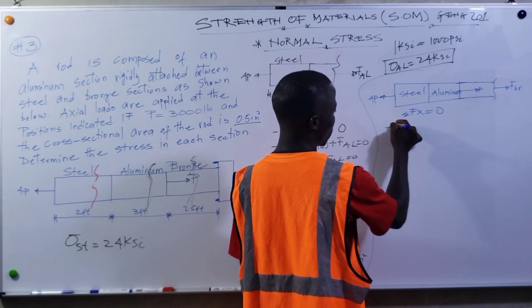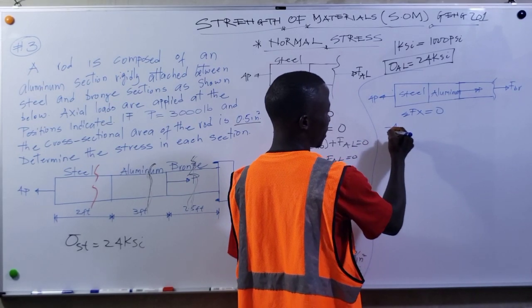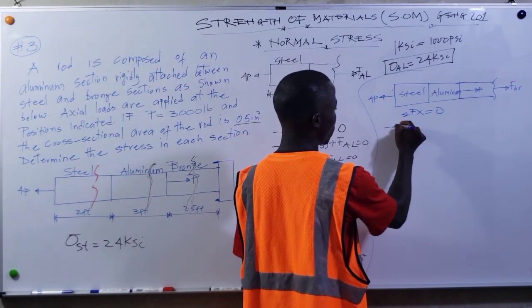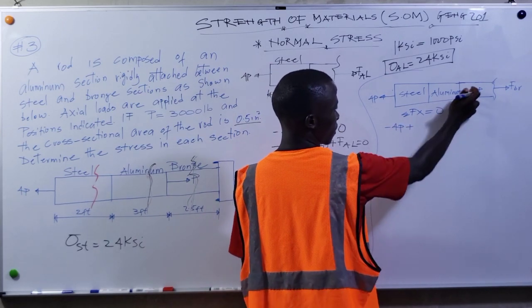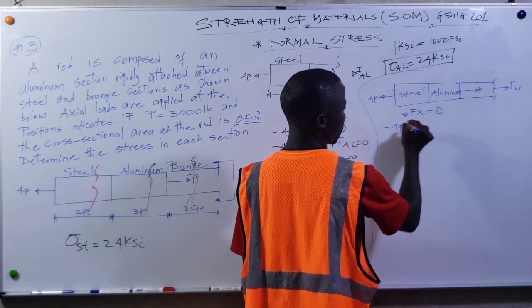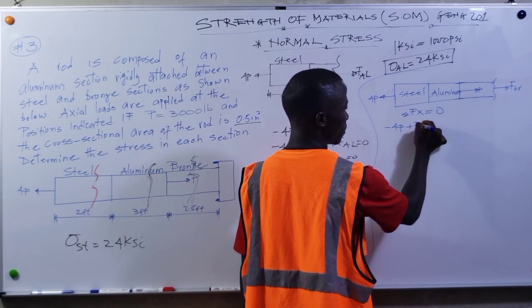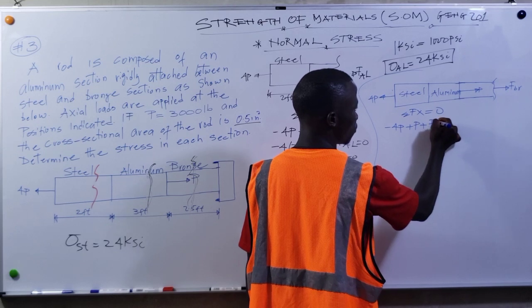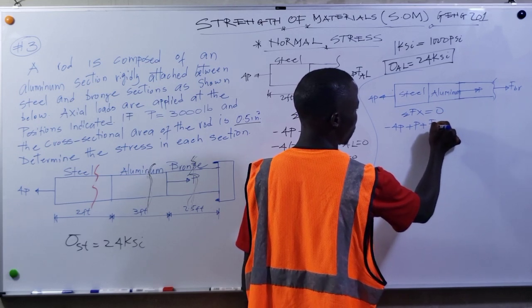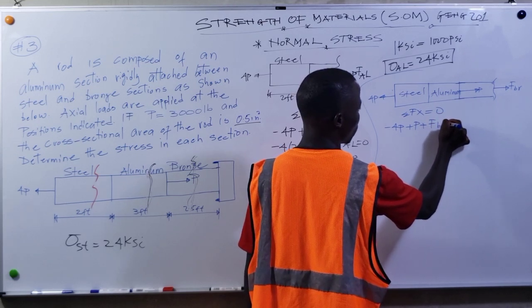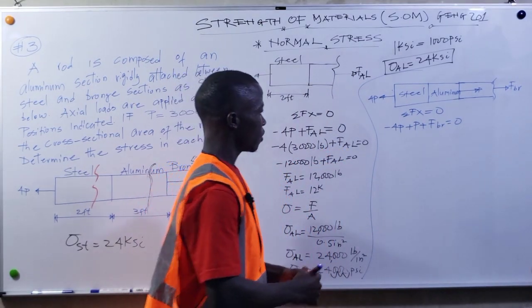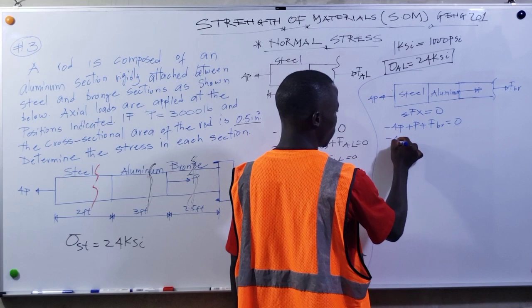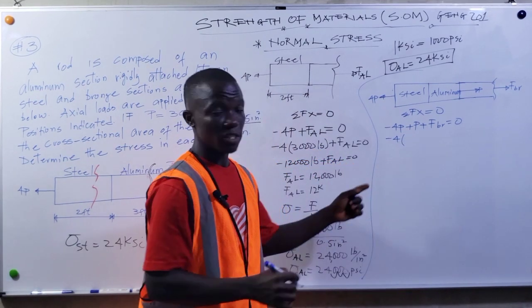We got force acting in the left direction, which is 4P, plus force acting in the right direction, plus the force that makes the bar equilibrium, with the force at the brooms, is equal to 0. So we got minus 4. We know that P is equal to 3000.